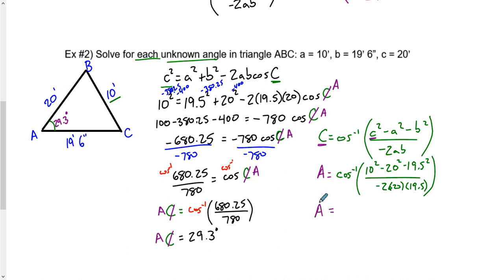If you type it into your calculator correctly, you may need to add an extra set of brackets around the numerator. And on my calculator, I do have to. But again, that familiarity comes with making sure that you are using your calculator properly. 20 by 19.5. Yeah, I'm still getting 29.3.